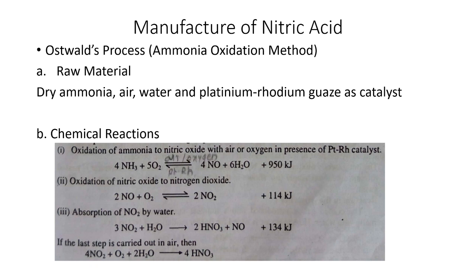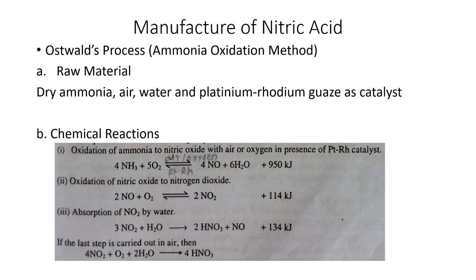Then one more use: it is used in manufacture of synthetic fertilizers like superphosphate of lime, triple phosphate, and ammonium sulfate. So if you see, there are n number of various industrial processes where sulfuric acid is most commonly used, and that's why it becomes a basic chemical, and therefore we are studying it here under industrial chemistry.